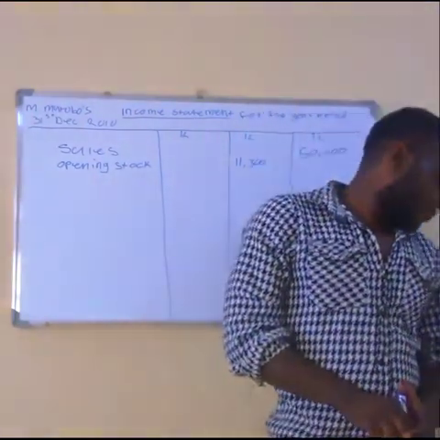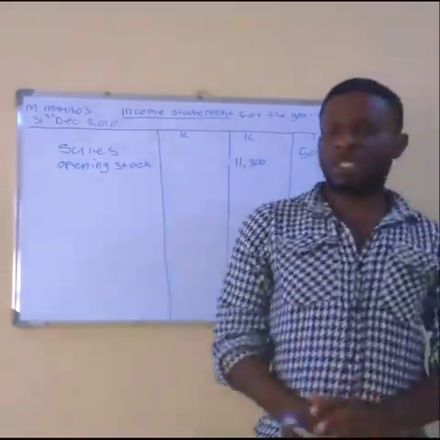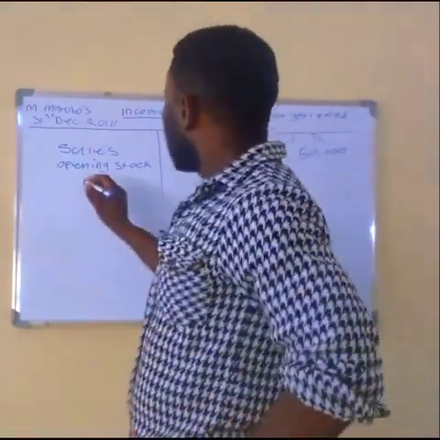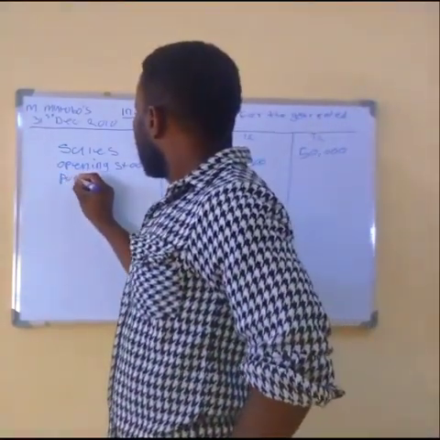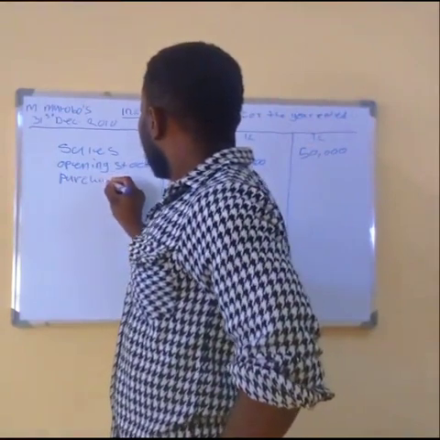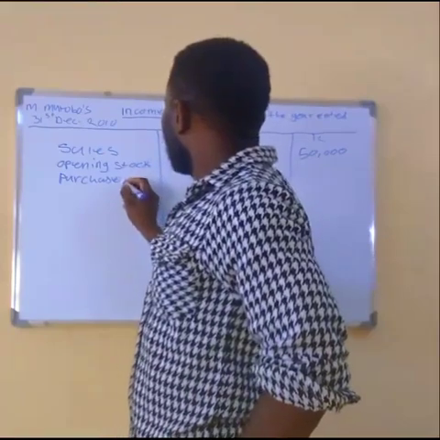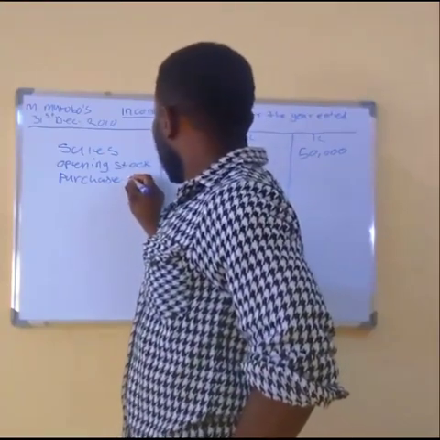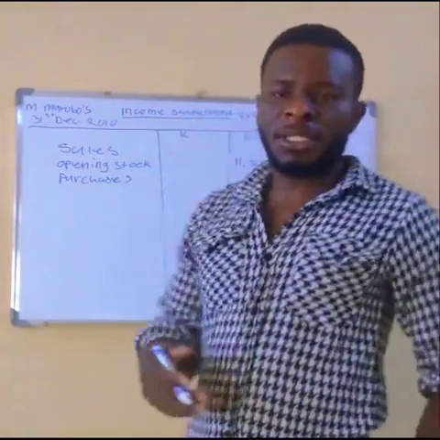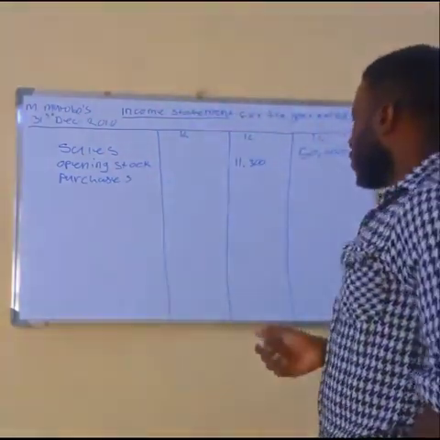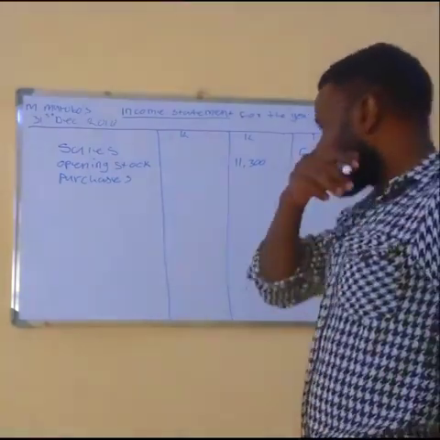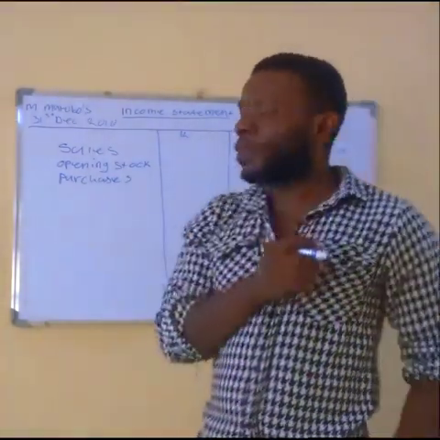Then we had purchases. Other items were purchased in the next accounting period, and that represents the purchases.